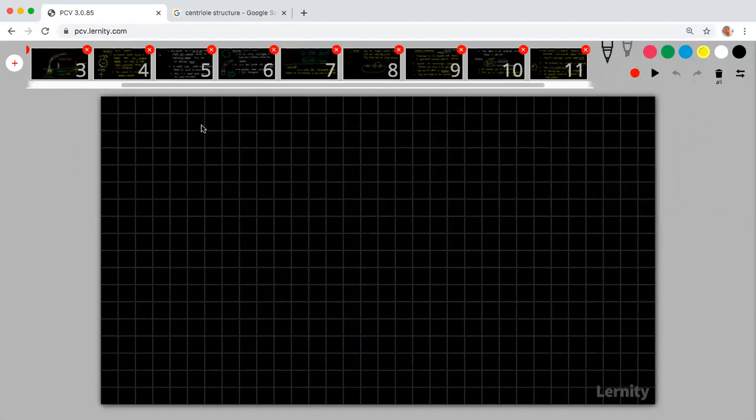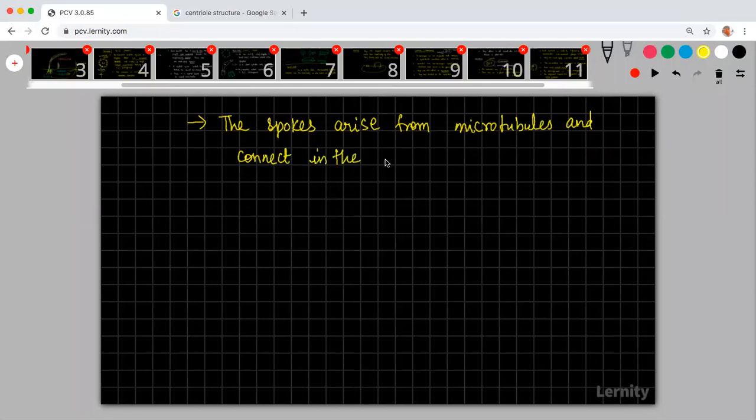Then write 2 more points with which we will complete this. The spokes arise from microtubules and connect in the center to the hub.